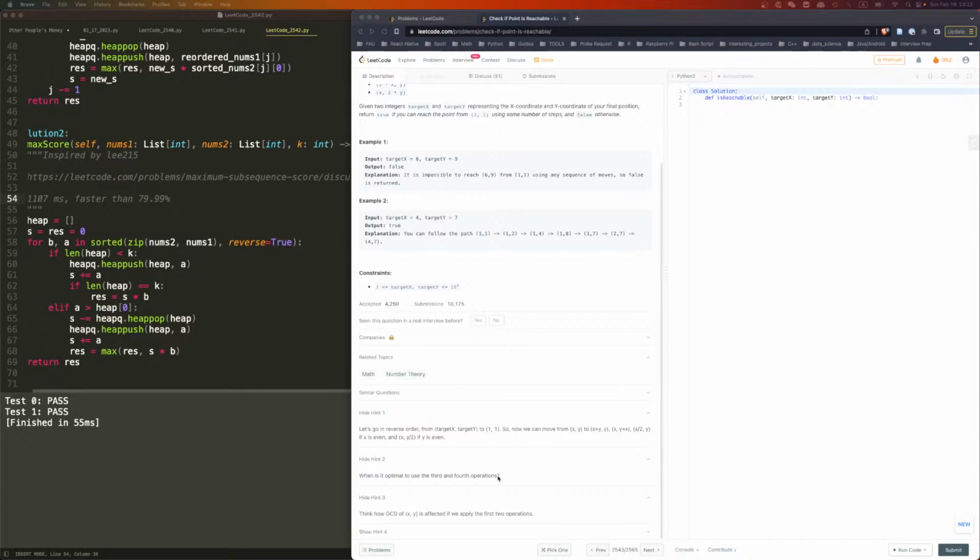So what do we want? We want, after the move, it depends, right? It depends on the number of steps.